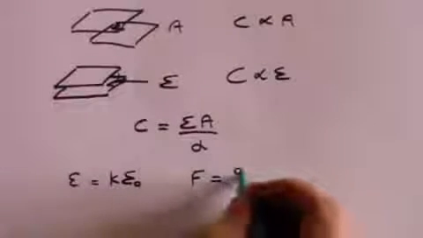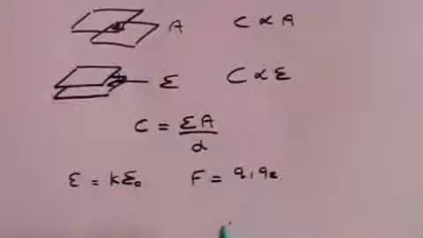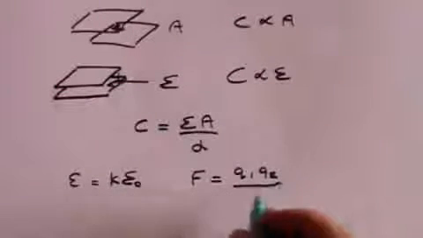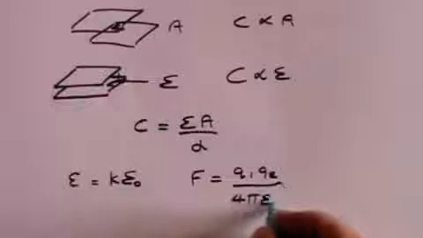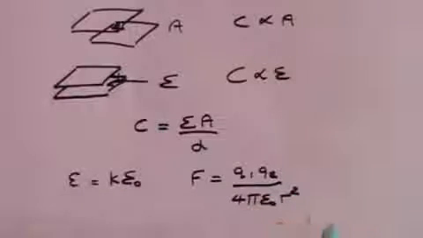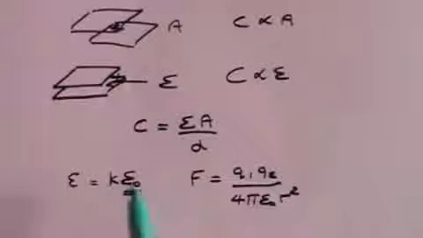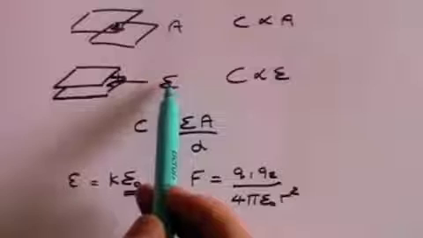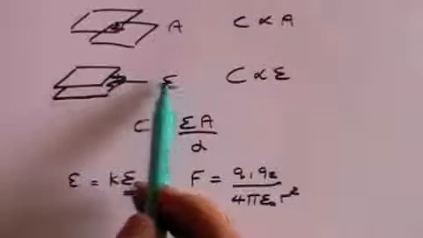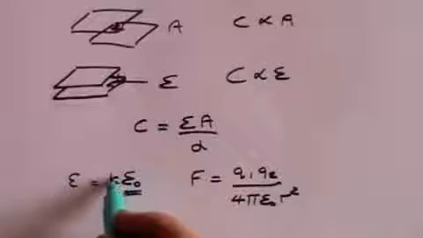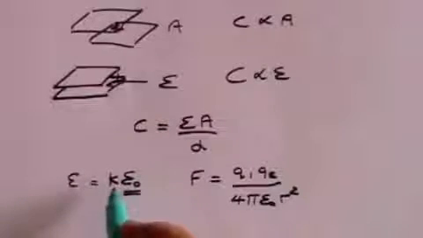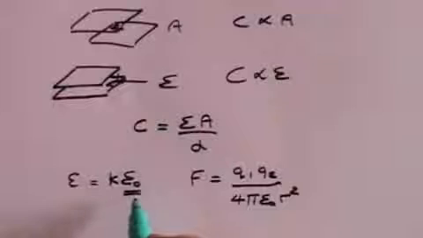The force is equal to Q1 Q2, the charges on the two particles, divided by 4 pi epsilon naught r squared, where r is the separation of the two charges. And epsilon, the dielectric constant of the insulator between the plates, is simply a constant for that dielectric times the permittivity of free space.